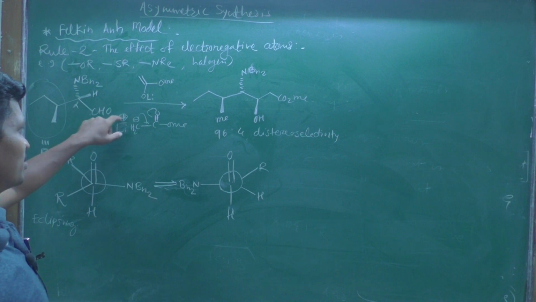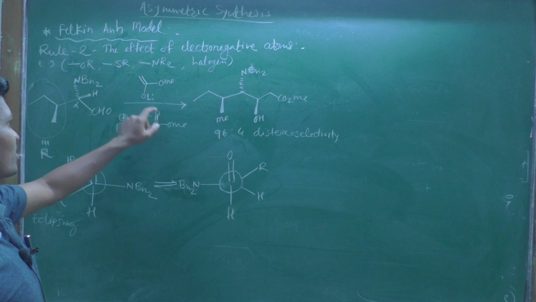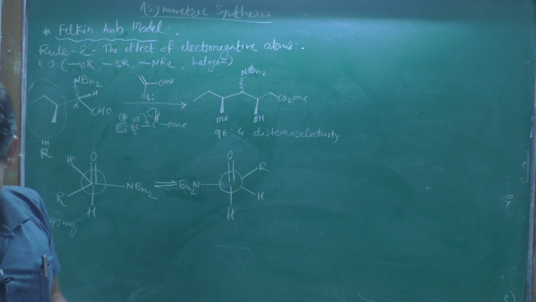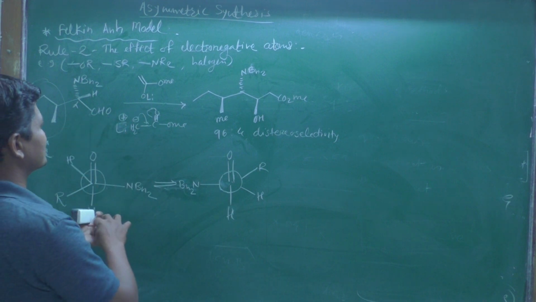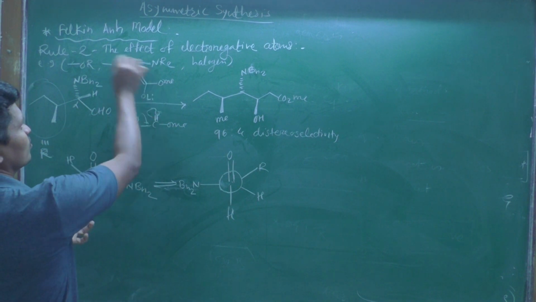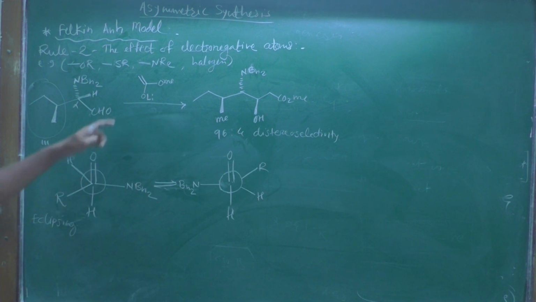This Li plus is bonded to this oxygen. When nucleophilic attack takes place, it will revert as it is, like this. So this is our nucleophile. The nucleophile is carbon; this carbon is nucleophilic in nature.